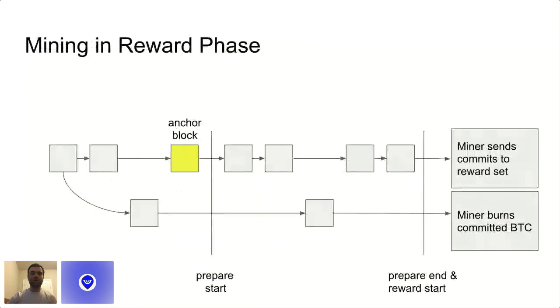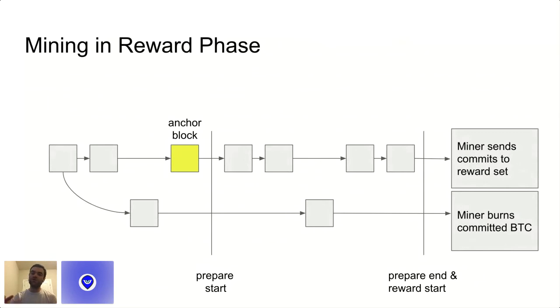So returning to the mining diagram that we had before, when the prepare phase here ends and the reward phase starts, miners begin competition to extend the blockchain.